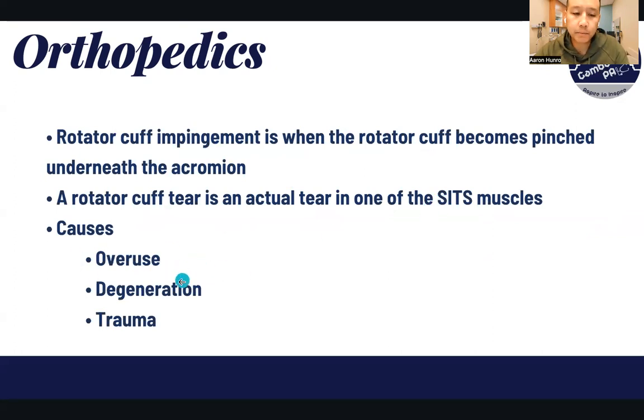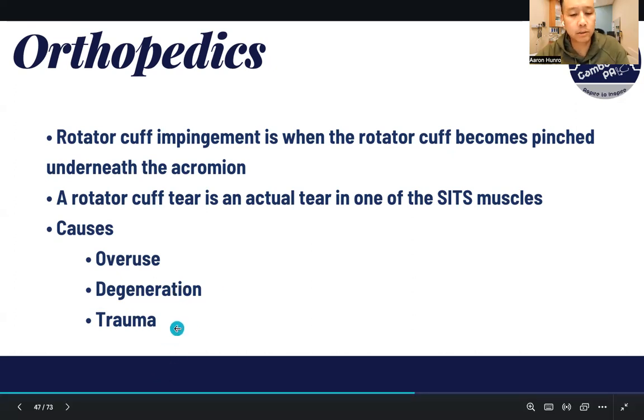Different causes could be overuse: pitchers, quarterbacks, people with different jobs and occupations that require them to repeatedly overuse their shoulder. Degeneration: a stat that one of our ortho docs told me was about 60% of patients over the age of 60 are going to have some type of degenerative rotator cuff injury.